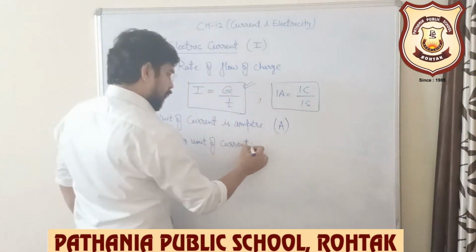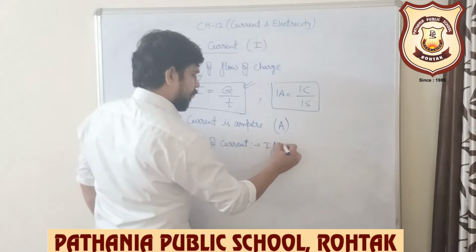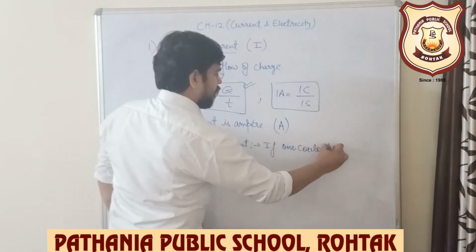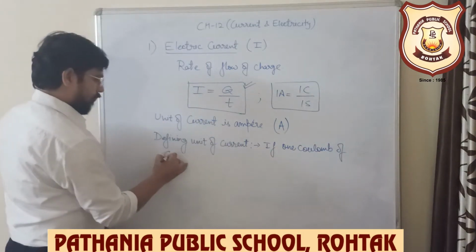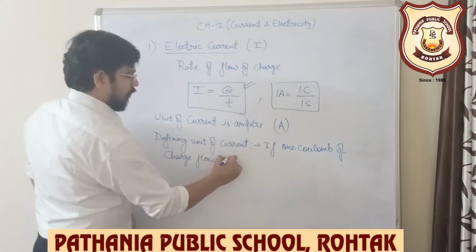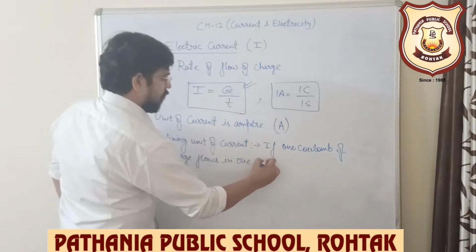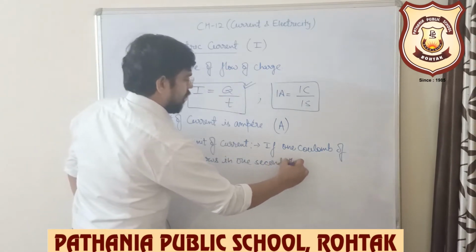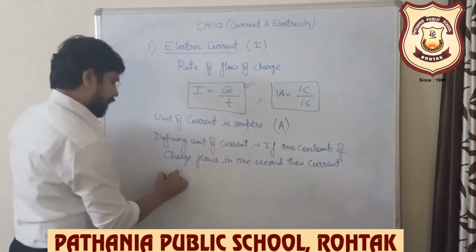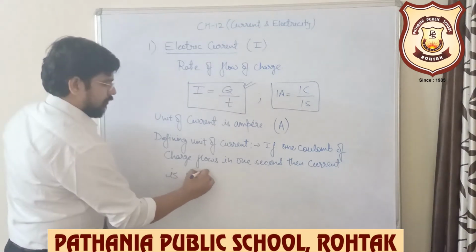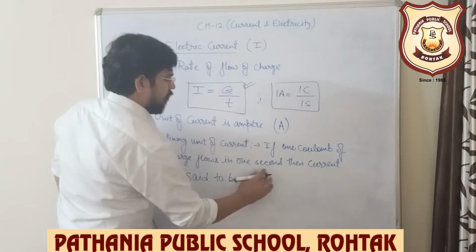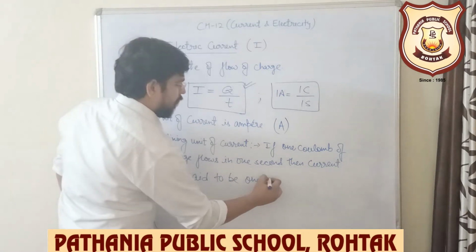So we can define the unit of current like this: if 1 coulomb of charge flows in 1 second, then current is said to be 1 ampere.